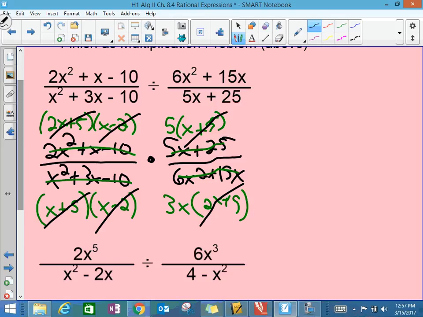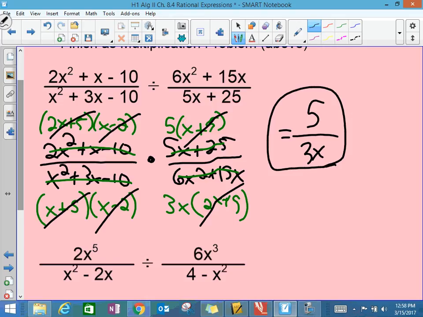All right, so now let's see what we got left. So if on top we have a 5, on the bottom we have a 3x. That's kind of amazing, right? So we took this huge, complicated problem, and our answer is 5 over 3x. Isn't that fun? Okay. All right.